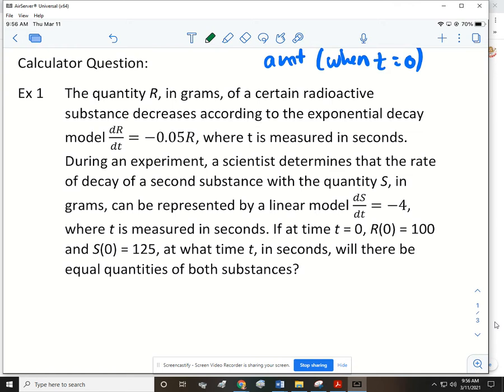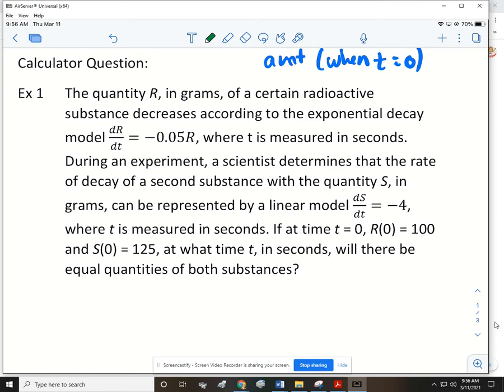During an experiment, a scientist determines that the rate of decay of a second substance with the quantity S in grams can be modeled by the linear model dS/dt equals negative 4, where t is measured in seconds. If at time t equals 0, R sub 0 is 100 and S sub 0 is 125, at what time in seconds will there be equal quantities of both substances?